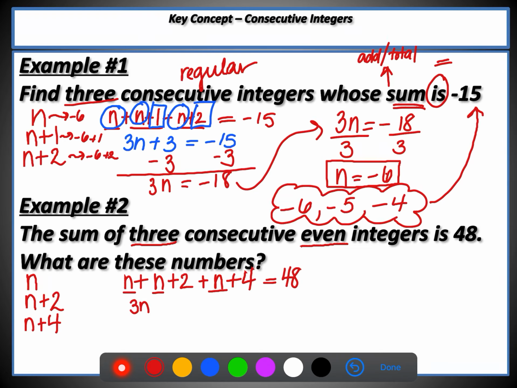So again, combine like terms, 3n plus 6. All right, and now we are ready to solve.